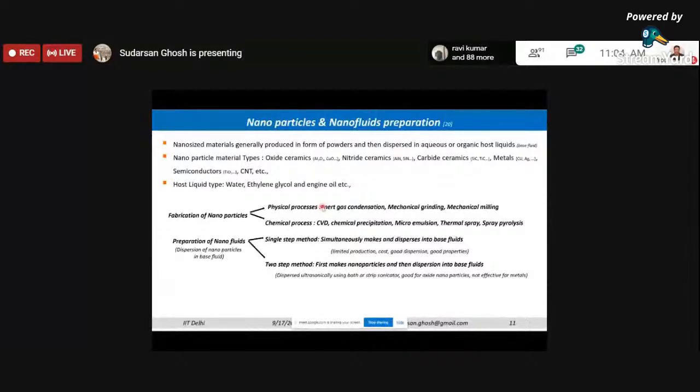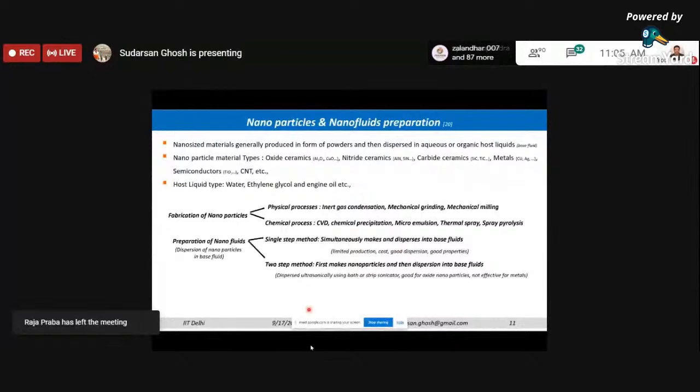We are not going into the details; these are not very simple processes, and there are more inside stories to them, but I just want to give you a glimpse. Among the chemical processes, CVD is a very popular one used for nanoparticle fabrication. Thermal spray or spray pyrolysis are also very popular in the production of nanoparticles.